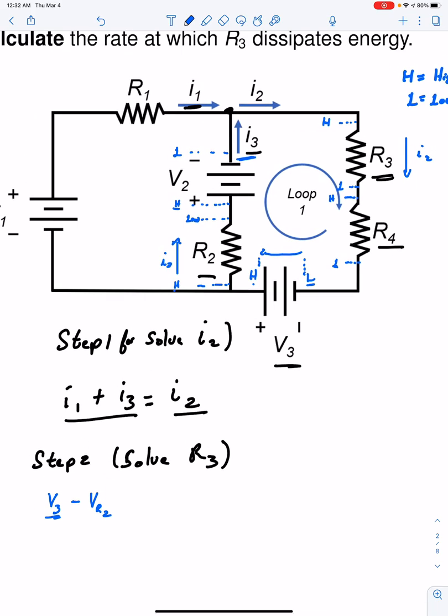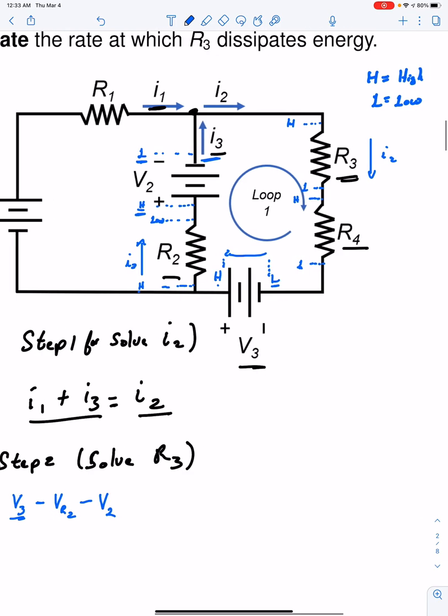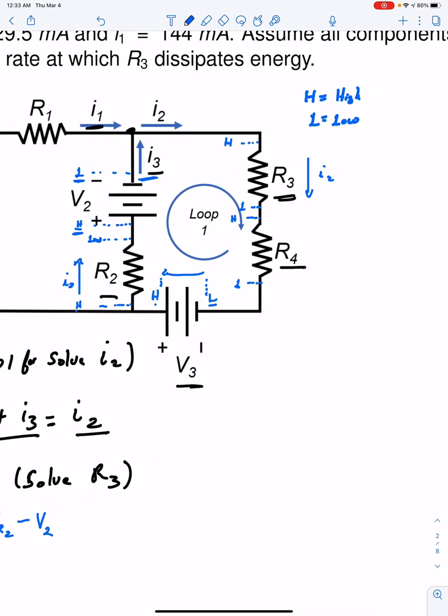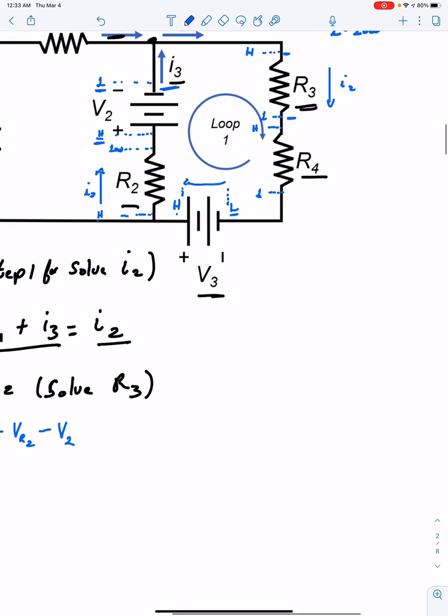Now, passing the battery V2, I end up with a low electric potential right here. So low electric potential minus high electric potential gives me a negative V2. Going now for resistor 3, I have a low electric potential minus a high electric potential, which gives me a negative voltage across resistor 3.